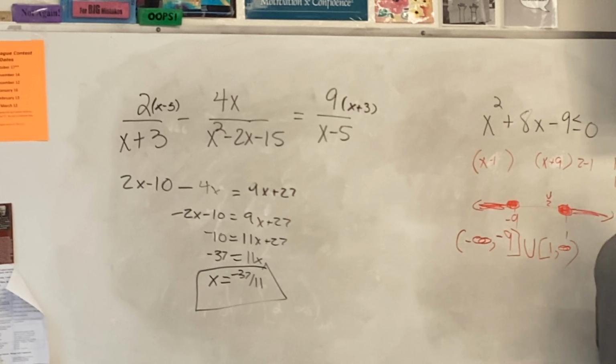No. So you put in 3 and it didn't work, so you don't shade it. You don't need to pick another number. If you don't shade this one, then you do shade this one.